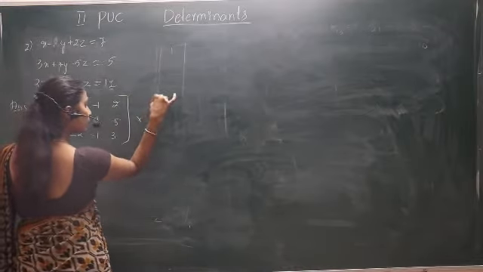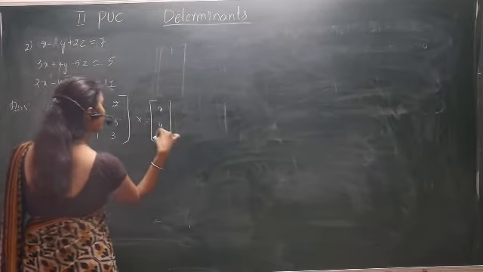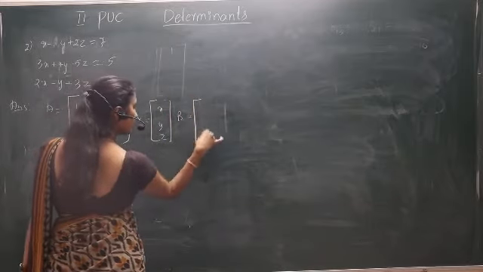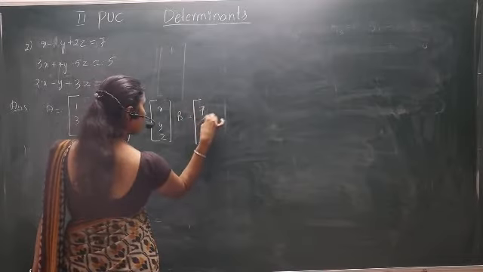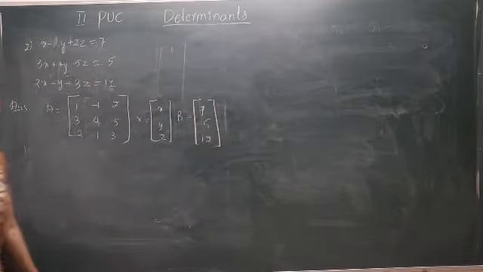X is equal to x, y, z, and B is equal to 7, minus 5, 12.